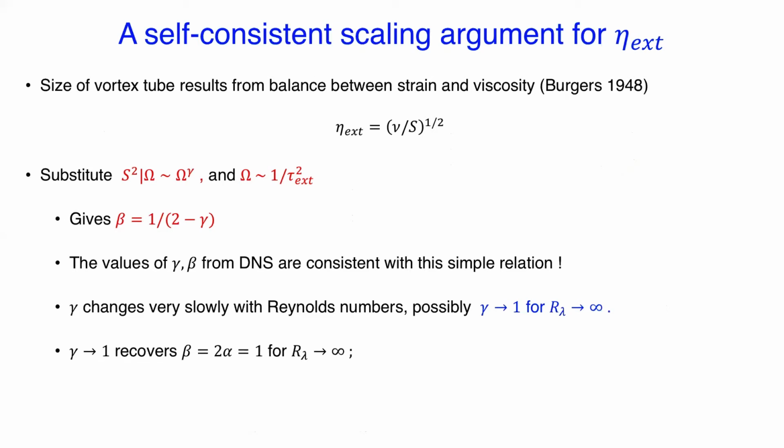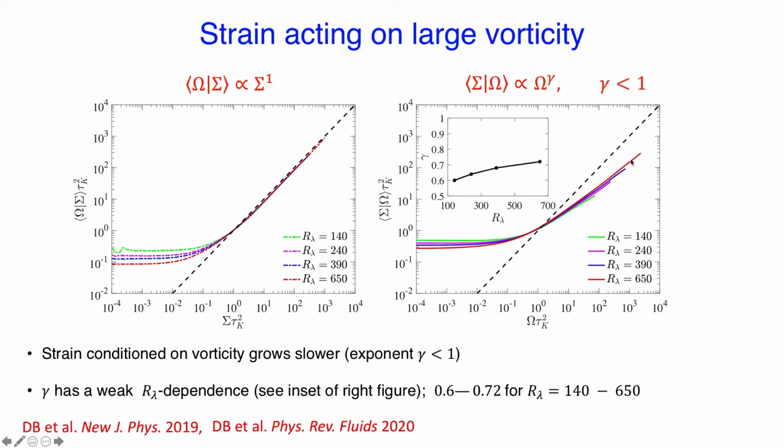But this raises an interesting question of what is happening with this gamma as a function of Reynolds number. The R lambda here is 140 to 650, and if you look at this paper in PRF, we also have 1300, and that one barely changes, from 0.72 to 0.75.